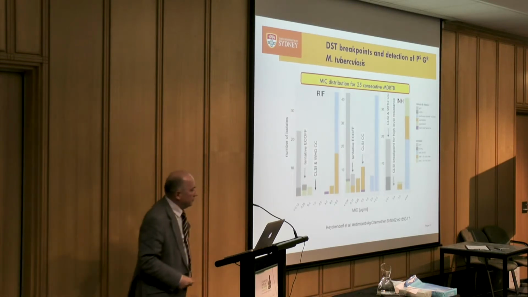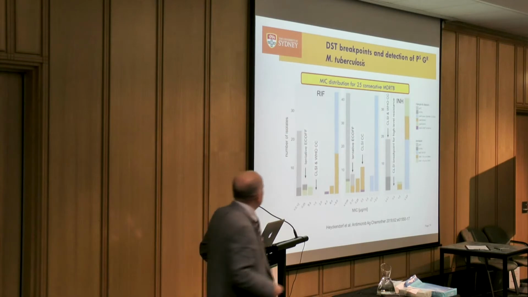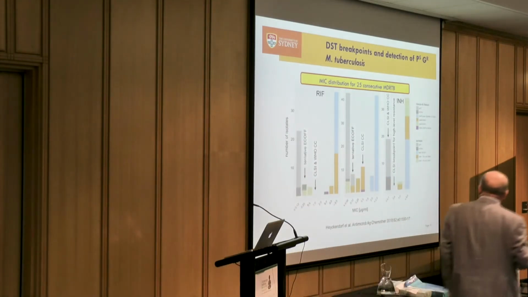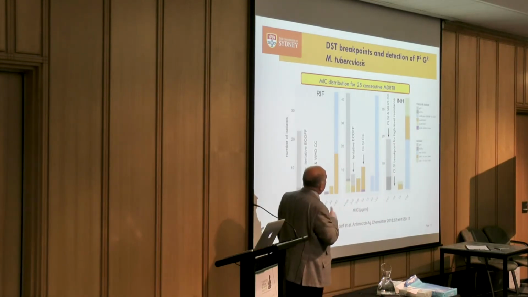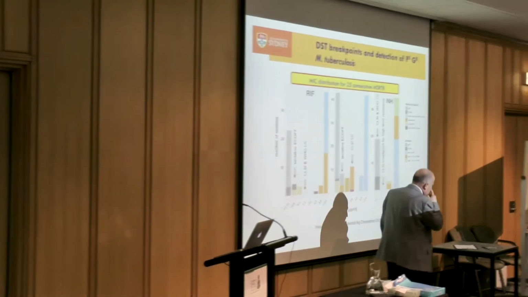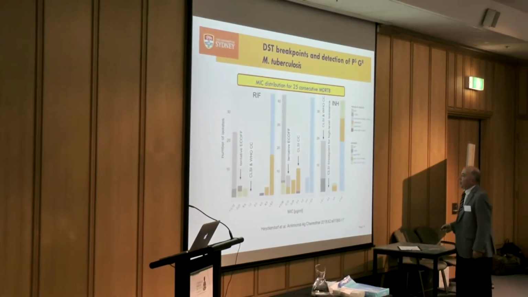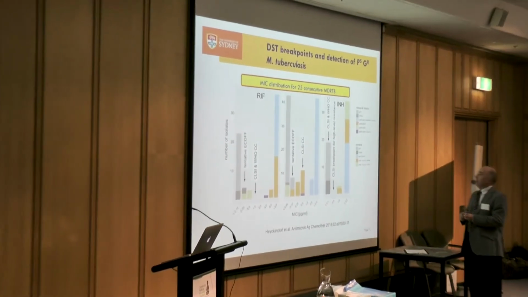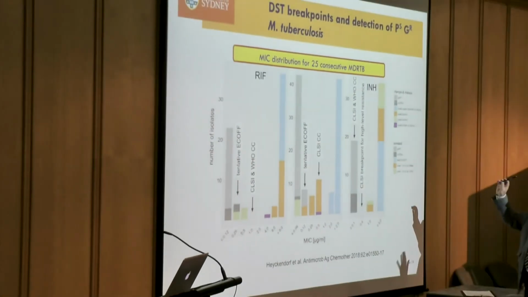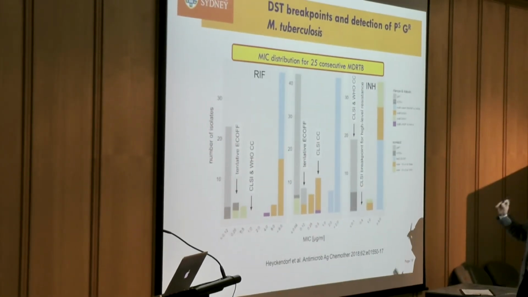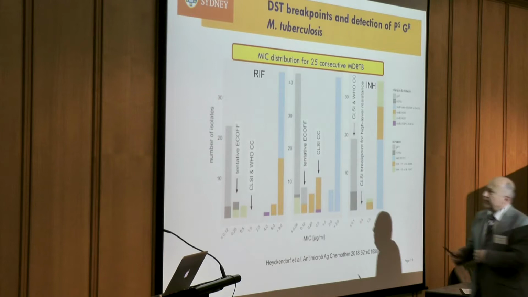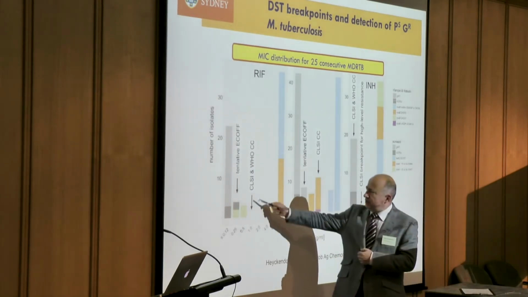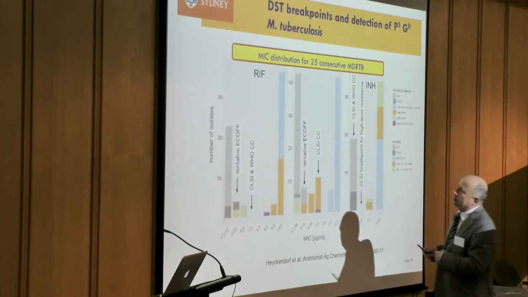I might have to move without my glasses to here, to stand in front of you and just illustrate the point about the relationship between different mutations and the actual MIC phenotypically. So this is an analysis of a small subset, 25 MDR-TB isolates, using examples of rifampicin and INH. The cutoff for rifampicin susceptibility is around 1 milligram per liter.